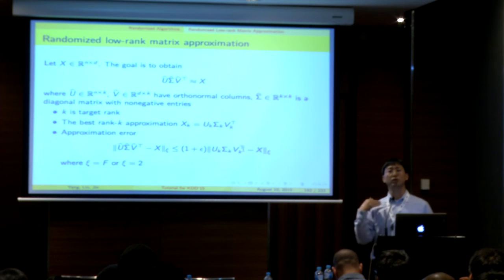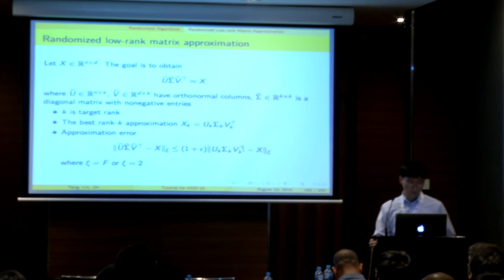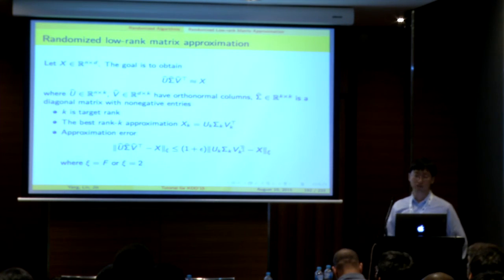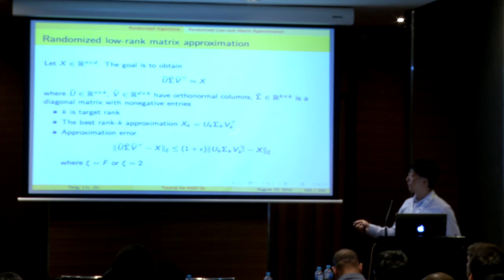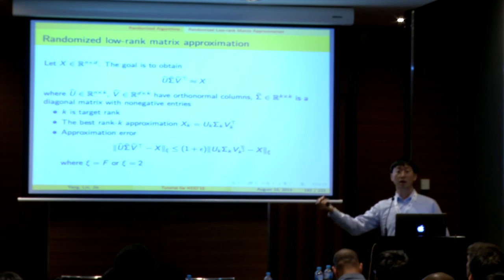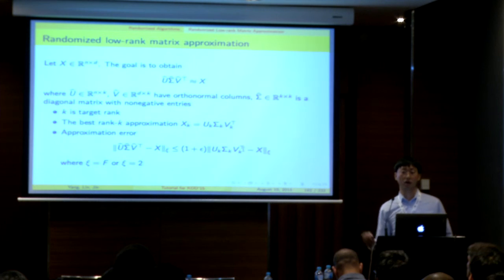So let's say you want to compute the top K singular value decomposition. The best rank K approximation, we know, is given by singular value decomposition: we retain the top K singular values and their singular vectors.